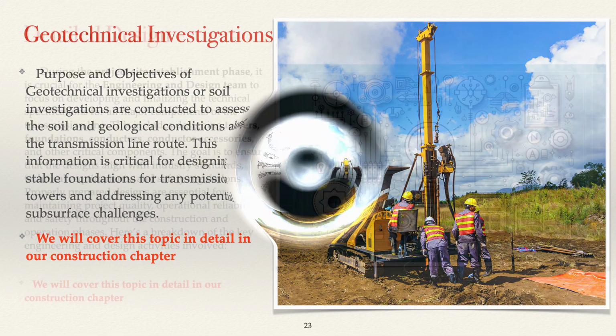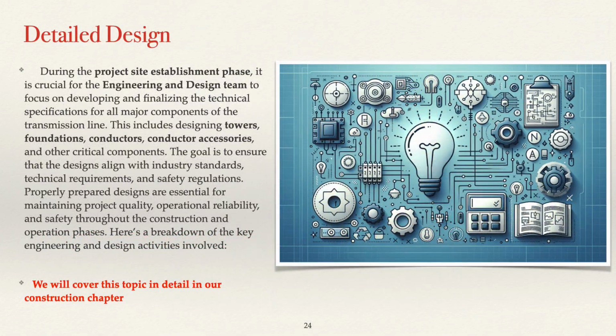Ninth topic on project management is detailed design. During the project site establishment phase, it is crucial for the engineering and design team to focus on developing and finalizing the technical specifications for all major components of the transmission line. This includes designing towers, foundations, conductors, conductor accessories, and other critical components.